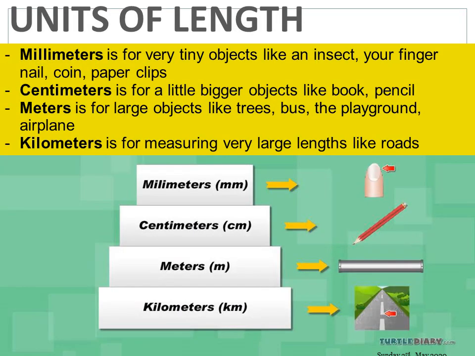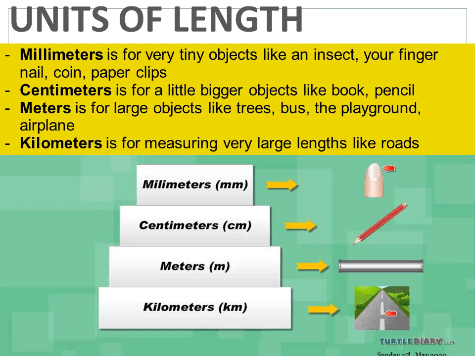Units of length. Now I know by now we already know that we have 4 different units of length. And to make it easy for you to remember, I always say MC, MK: millimeters, centimeters, meters, and kilometers. Now, millimeters is the smallest unit of length.